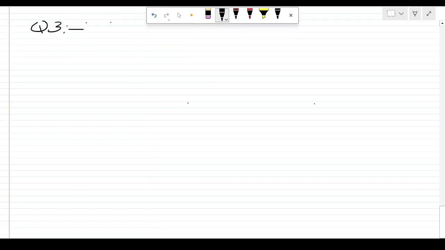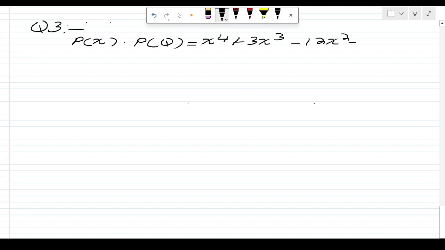In question number 3, we are given the product of two polynomials, P of x and P of q, that is equal to x power 4 plus 3x cube minus 12x square minus 20x plus 48. And then we are also given the HCF.